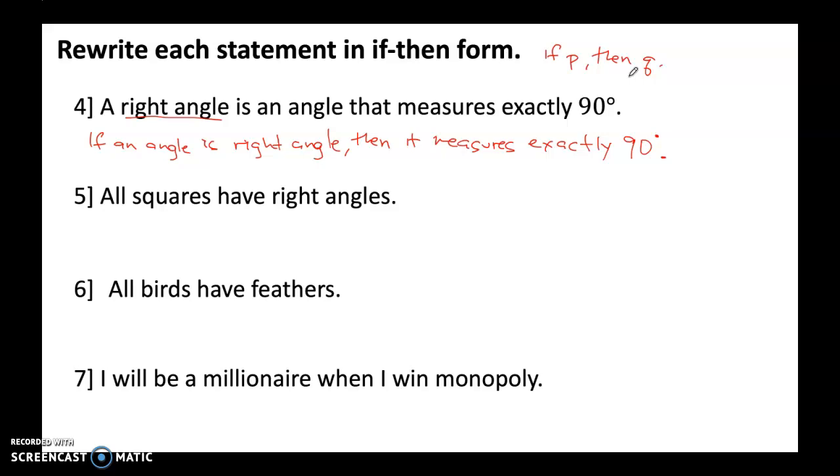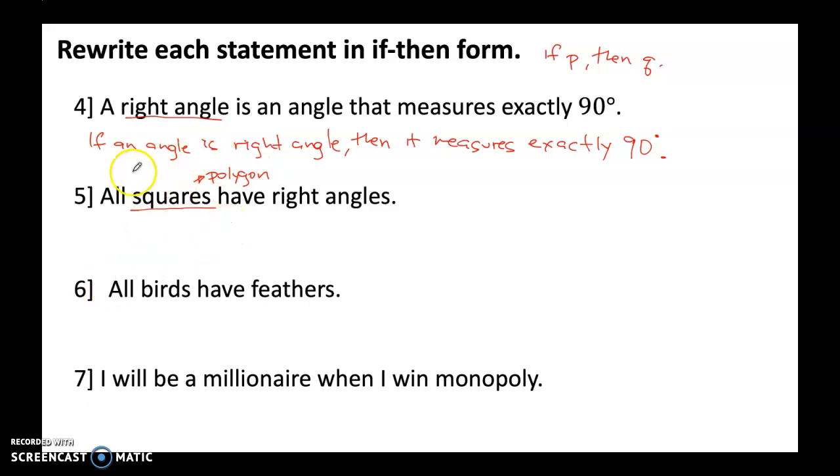Next one, number 5. All squares have right angles. So we know that our subject in the sentence is the word squares or all squares. What is a square? A square is a polygon, or it can also be a quadrilateral.